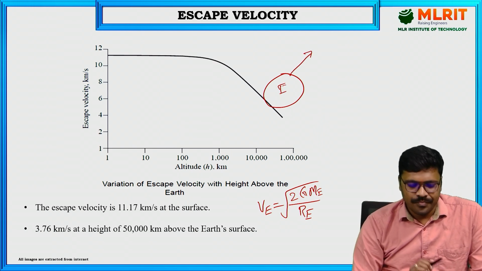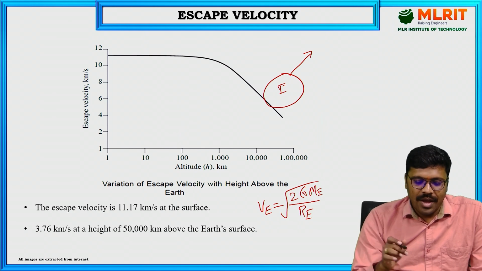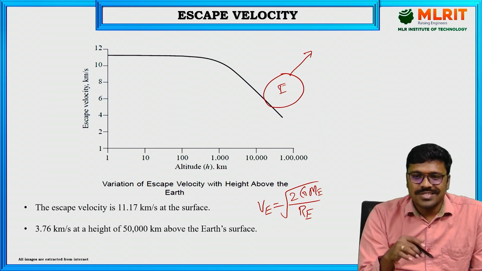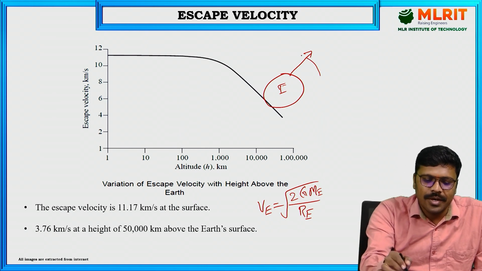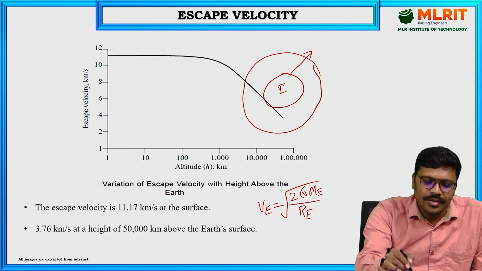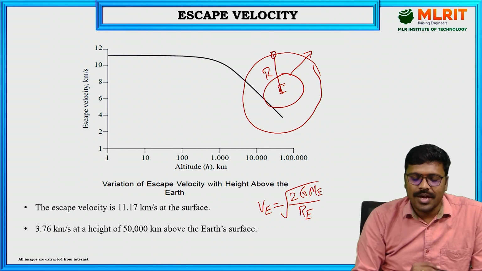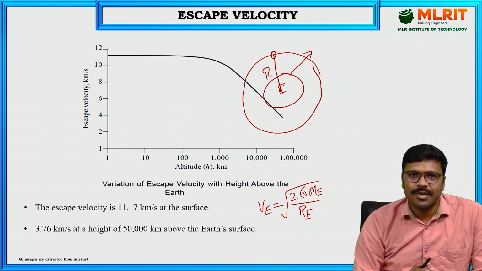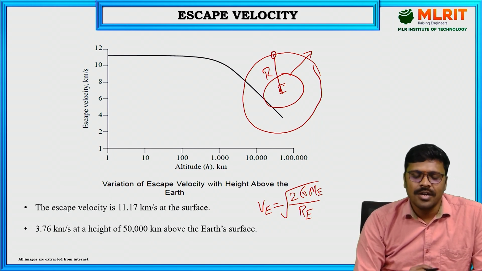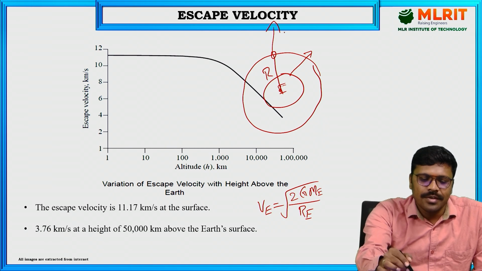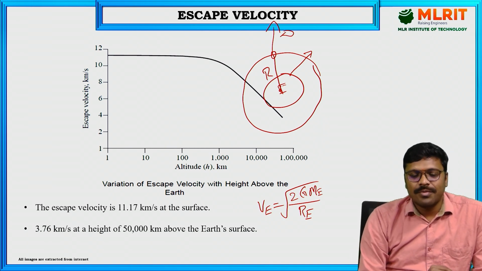Suppose I want to send an object which is rotating in a particular orbit. This is an orbit and the radius is r. I want to escape a satellite which is rotating in an orbit of radius r to infinity. So what will be the equation?